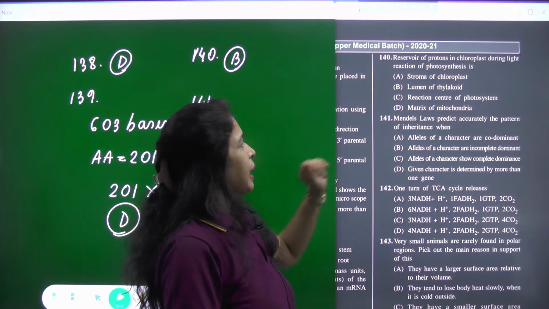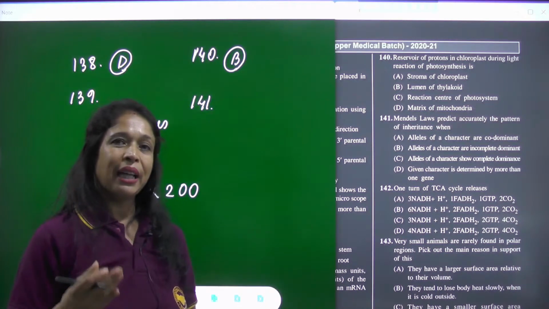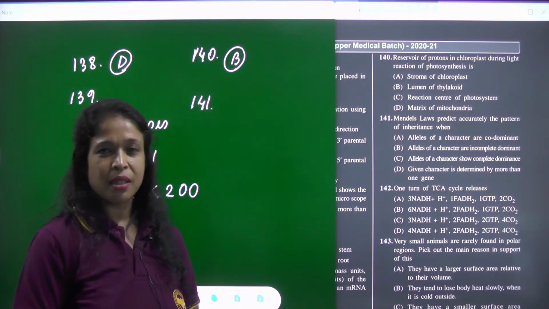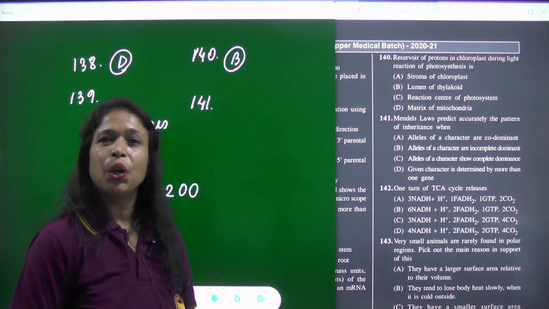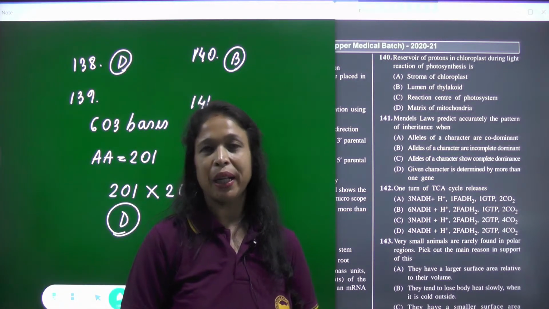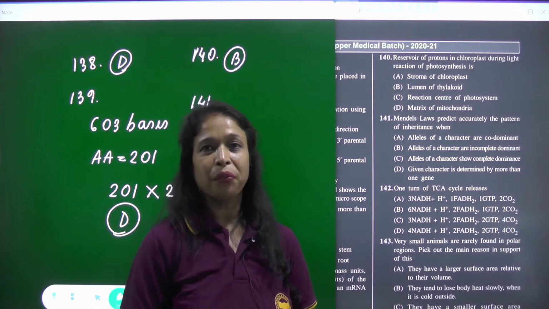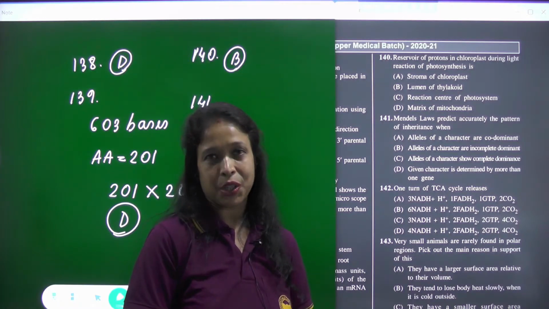Mendel laws predict accurately the pattern of inheritance. So Mendel proposed 3 laws. First law, law of dominance. Second, law of segregation. And third, the law of independent assortment. And we know very well, out of these 3 laws, the universally accepted law is law of segregation.